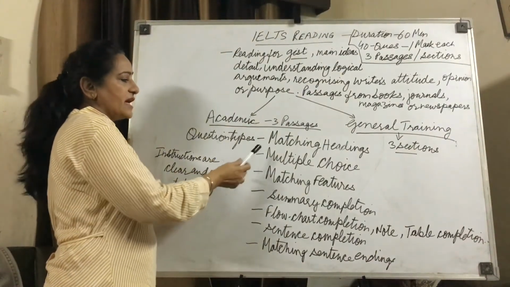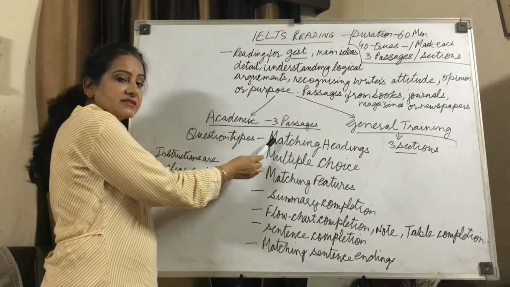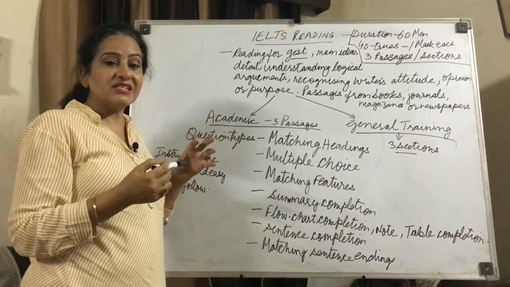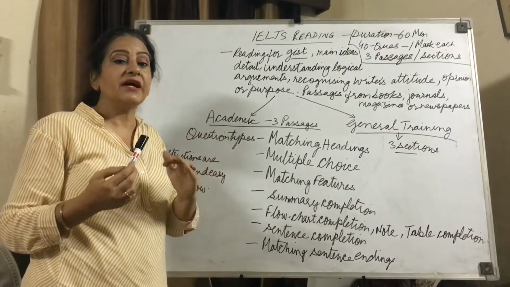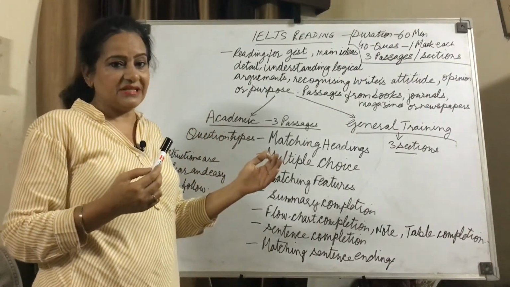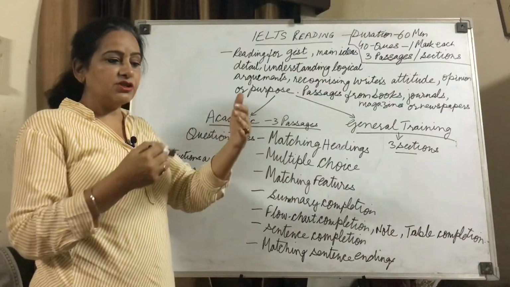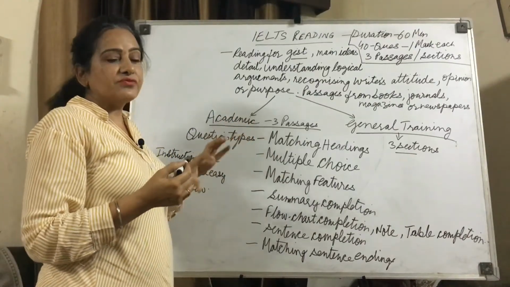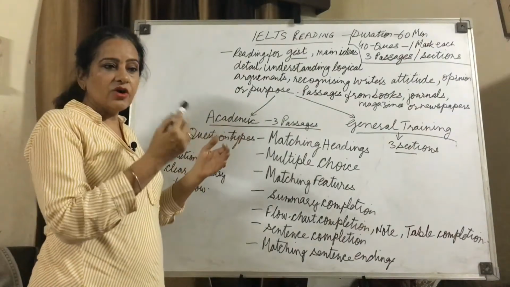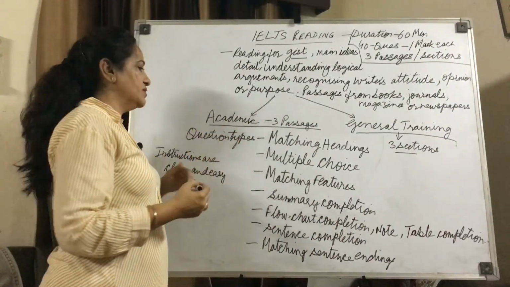The question types can be matching headings, where they will give you a passage and questions in which you have to match the headings related to that particular passage. There will be a list of a few headings they give in one of the questions and you have to match according to the passages given there.